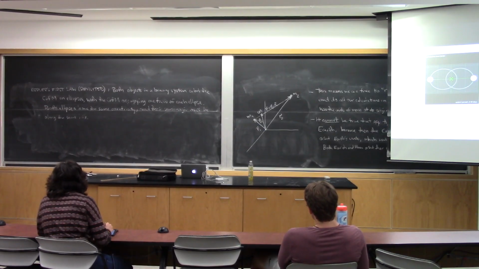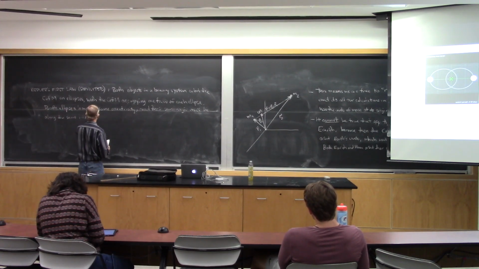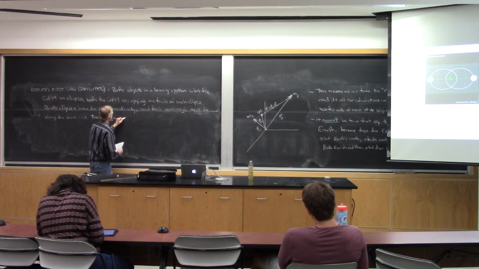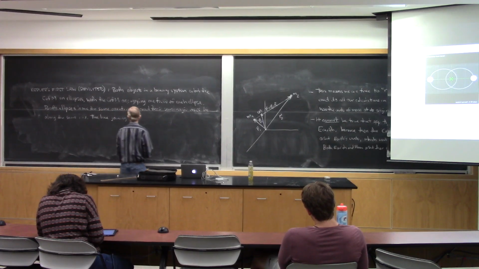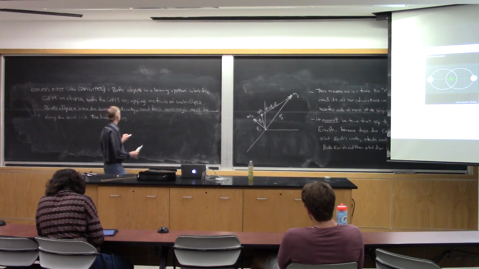And we know the center of mass is always on the line joining the two objects. So therefore, it's always true that the line joining them passes through the center of mass and connects the two of them. The line joining them at all times passes through the center of mass. It has to, because the center of mass lies on the line joining them.